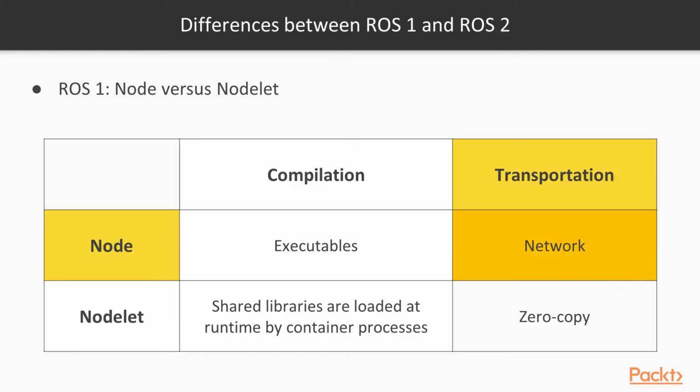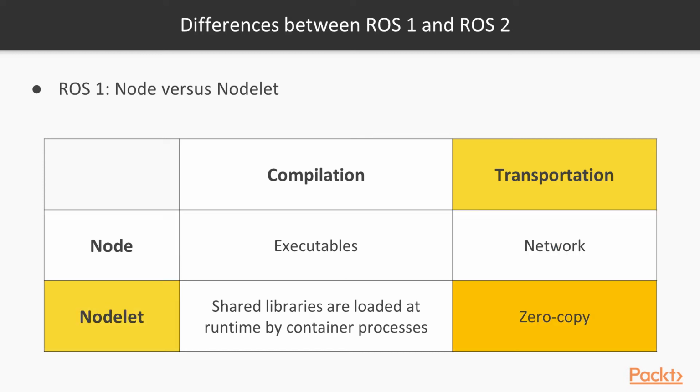Speaking about transportation efficiency, ROS nodes use TCP-ROS and UDP-ROS to send and receive information. However, ROS nodelets are designed to provide a way to run multiple algorithms on a single machine, in a single process, without incurring copy costs when passing messages intra-process.